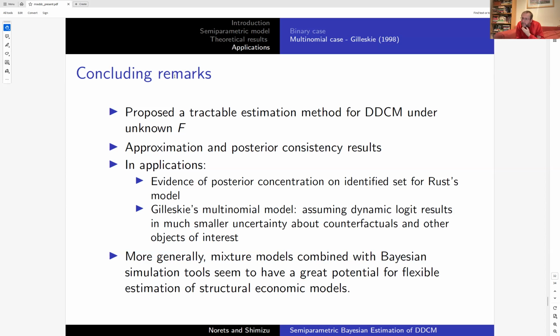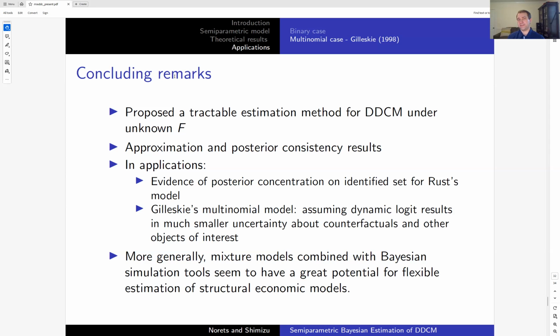So you have this mixture of Gumbels, that's right. If you were to do something else, a mixture of normals or something, how important is the kernel in your theoretical results? For the theoretical results, the kernel is actually not important, and the way we formulate the result is the kernel has to satisfy some conditions that the extreme value distribution satisfies.